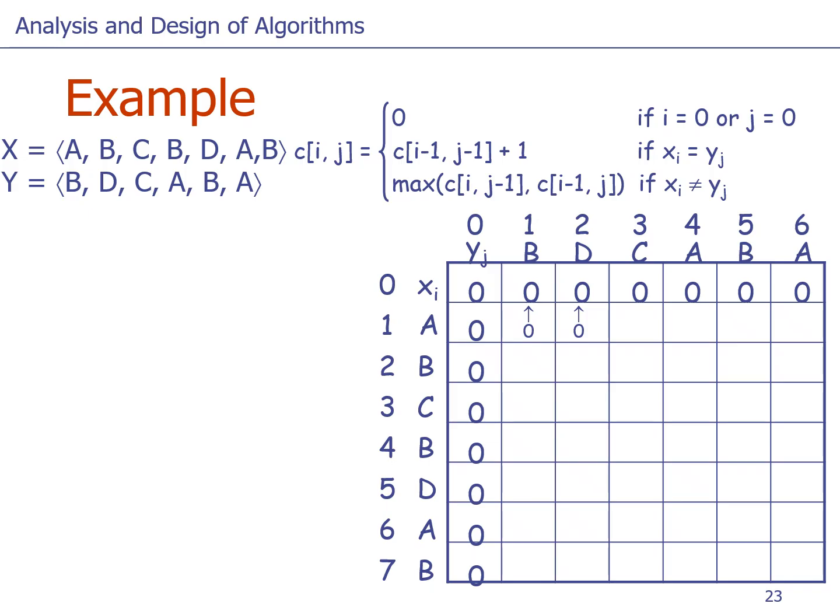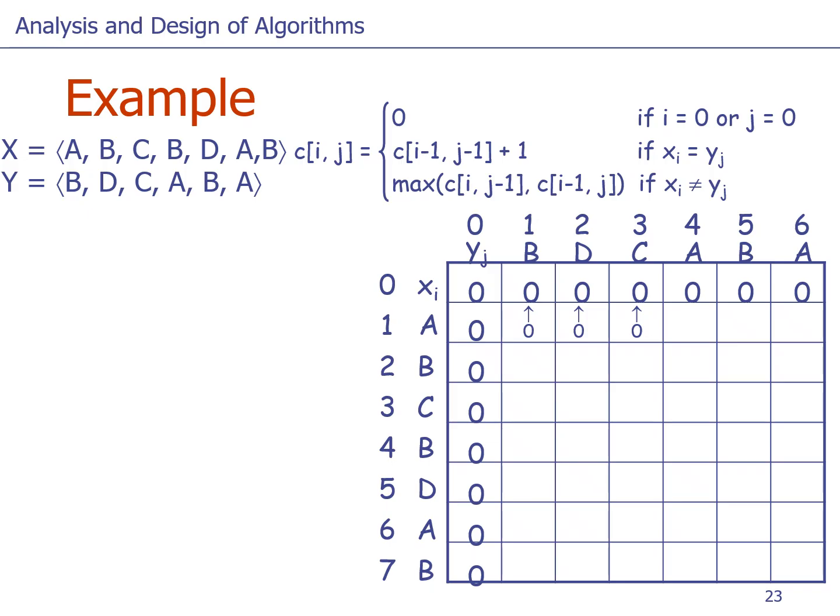And the answer is 0 again, because A does not match with D. Later on, I will match A with C. Again, it's the same story, it's not a match, but this 0 that I just inserted is the result of solving the problem where Y has BDC and X has A. This 0 says that there is no common sequence between those two sequences. It's not just because A doesn't match with C; in fact, it's an optimal solution to the problem where Y has BDC and X has A.